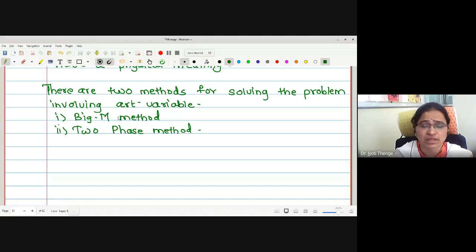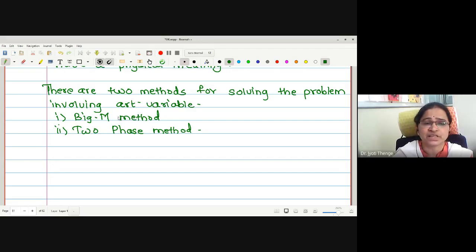In the first method, as I told you, we are going to assign a minus M value for big M. And in the second method called two-phase method, as the name suggests, this method can be solved in two different phases, different steps. In the first step, we are going to assign a minus 1 value to the artificial variable, and we are going to develop the method.